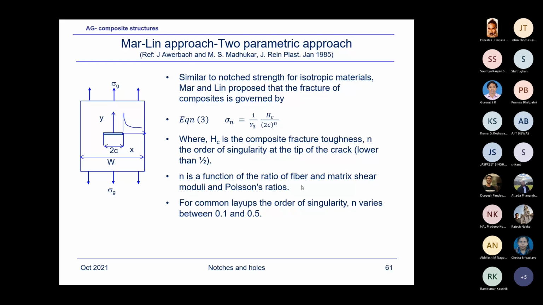And same thing, Hc is also a function of the material, layup, thickness, various parameters like the characteristic dimension. So there are two parameters now which you have to determine, Hc and n. Similar to point stress, where we had two parameters, the characteristic dimension D and the unnotched strength sigma naught.